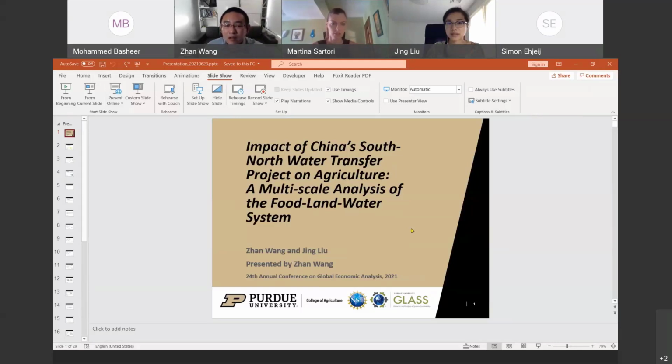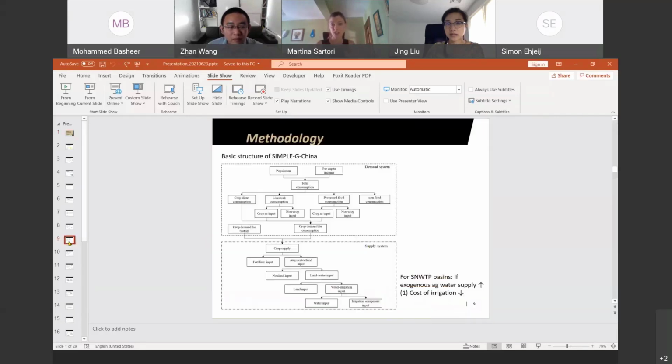That's strange. And now? Not better. Okay. So the question is, how does the model treat crop response to change in input factor, especially water supply? Is it modeled within the simple G model?